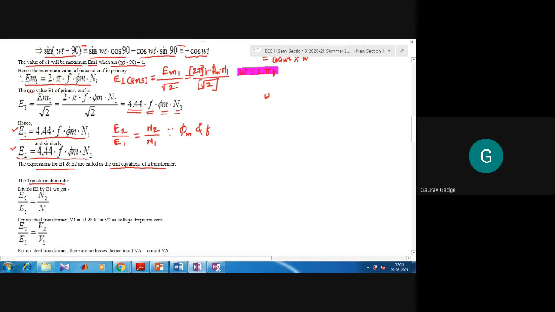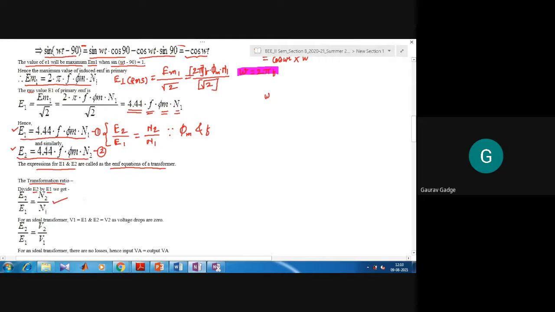Now we have a transformation ratio to derive. I have already done the first part of it. What you have to do is divide expression 2 by 1, so divide E2 by E1. So what you get? E2 upon E1 is equal to N2 upon N1. That's all.